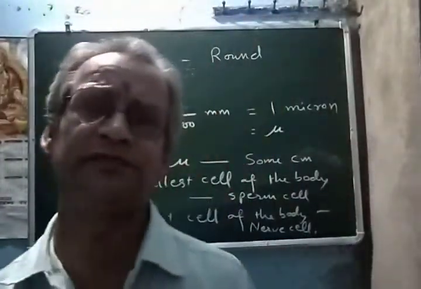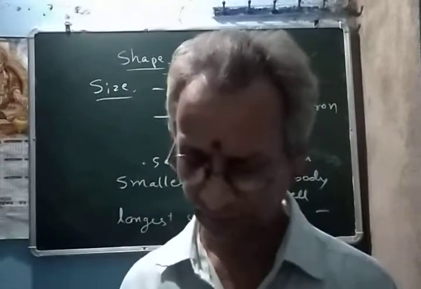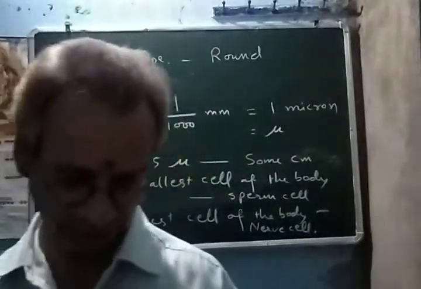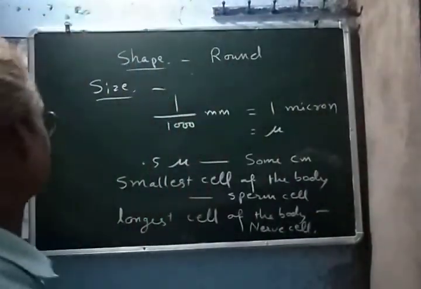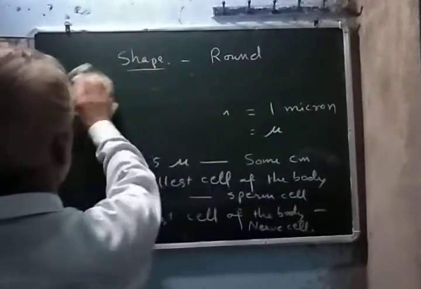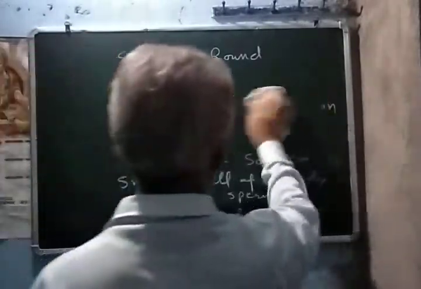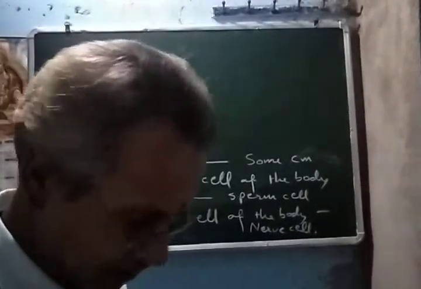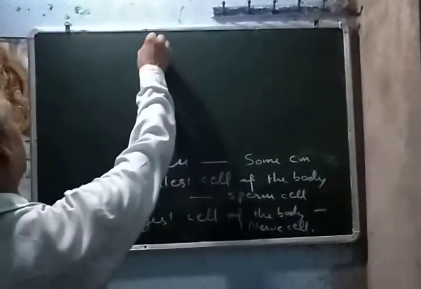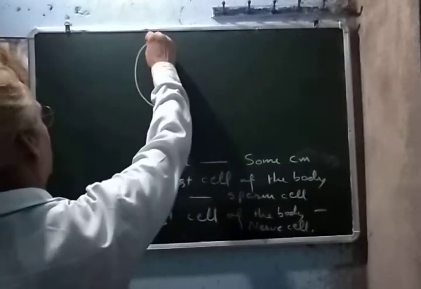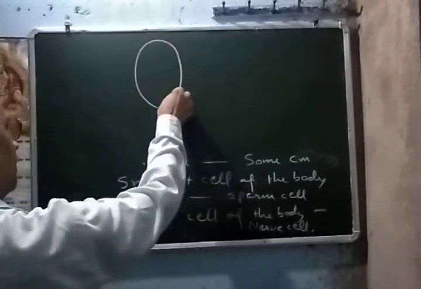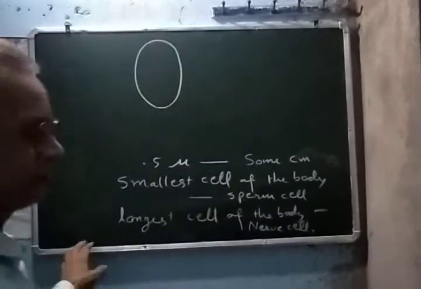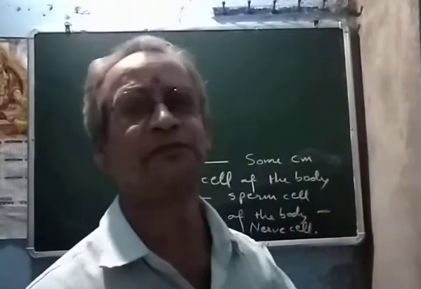The largest cell is the ostrich egg. An egg is also a cell.